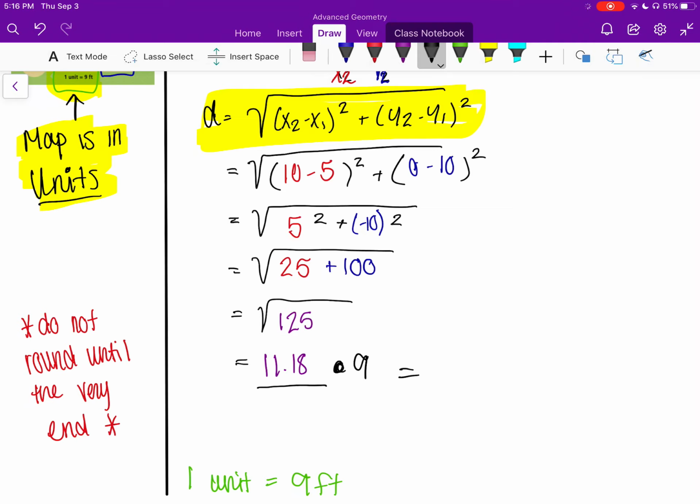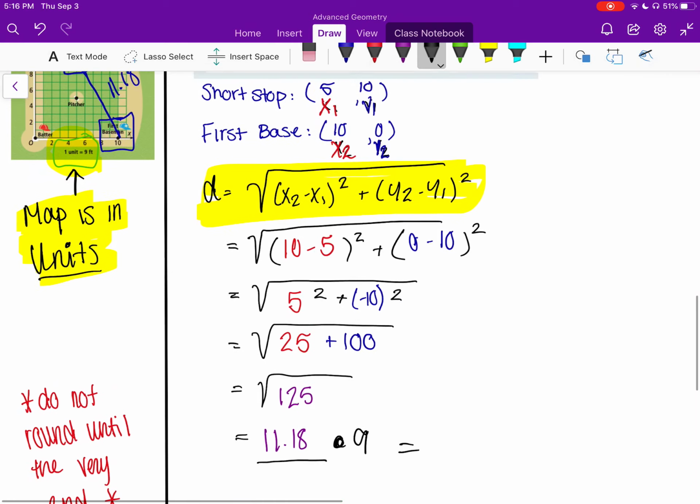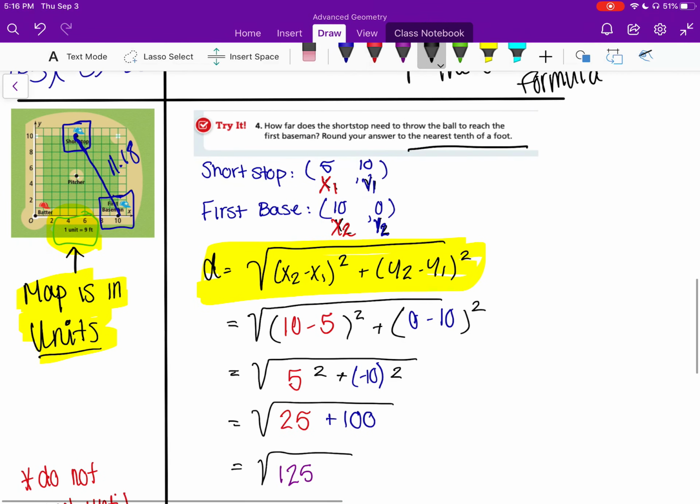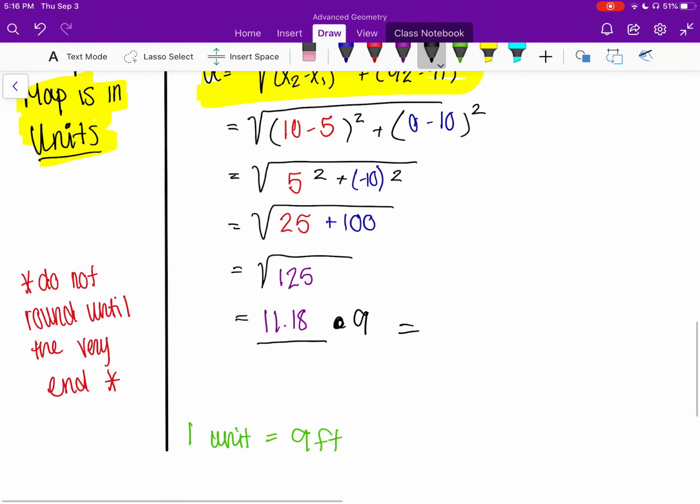So I want you to actually go back into that calculator and pull up the 11.18 long decimal, multiply that by 9, and then we can round to the nearest tenth of a foot. So if you do that and you multiply that by 9, and then you round, you should end up with about 100.6 feet.